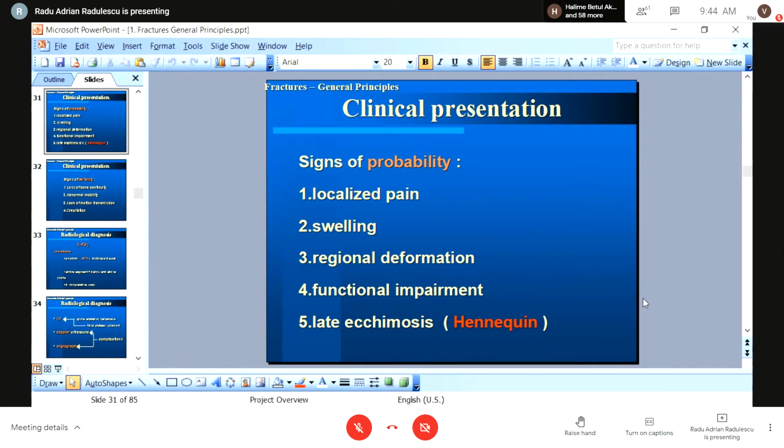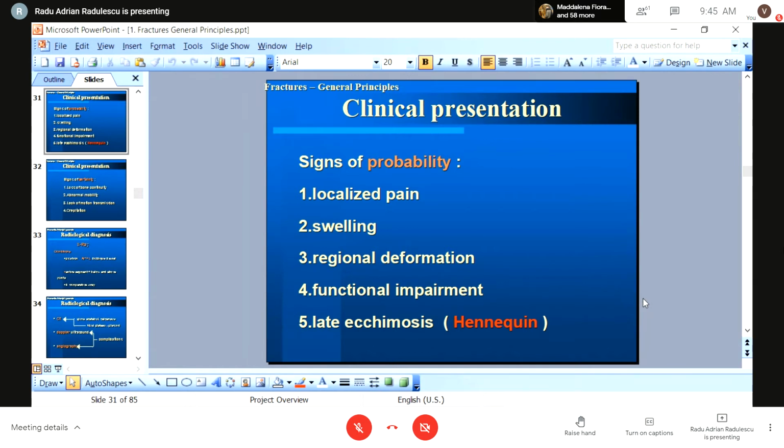So it's bigger than the other side. Well, if sometimes we are not sure about this change in the size of that part of the limb, we may even use, let's say, a measurement device in order to make objective this type of swelling.